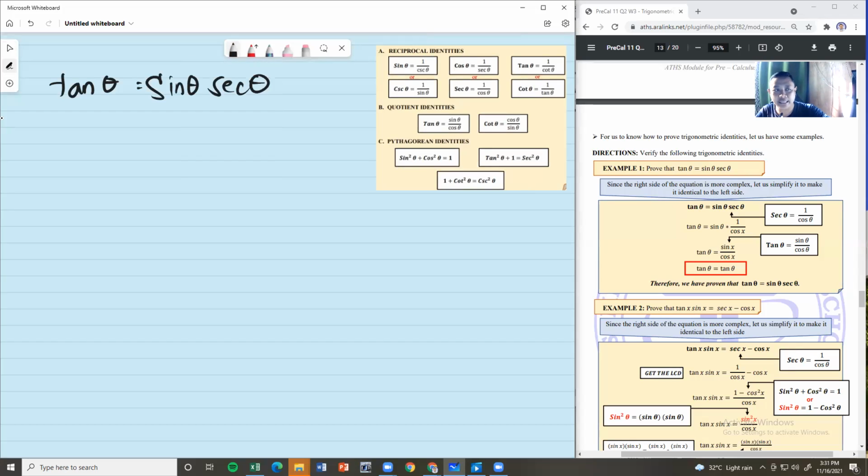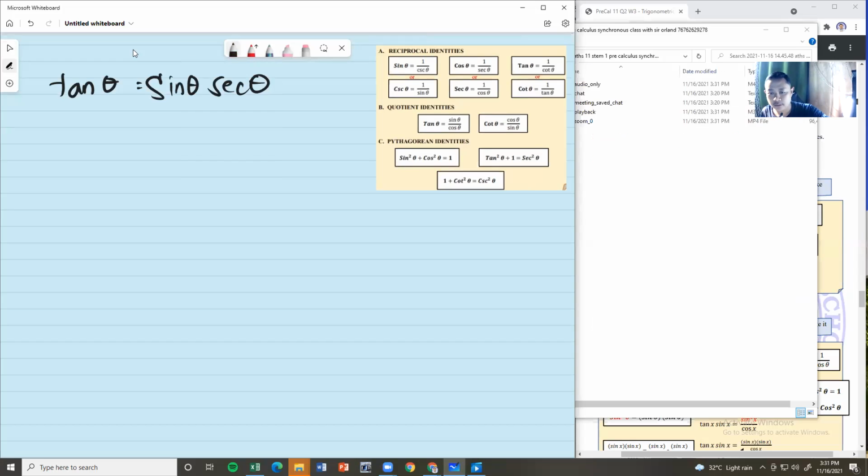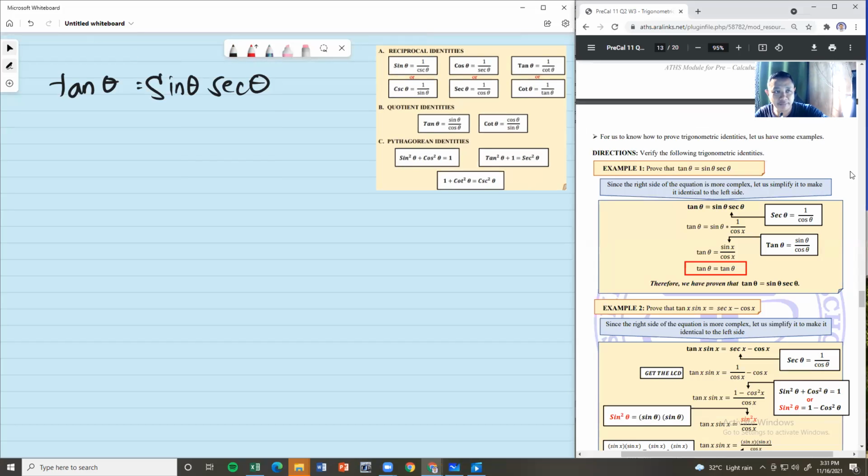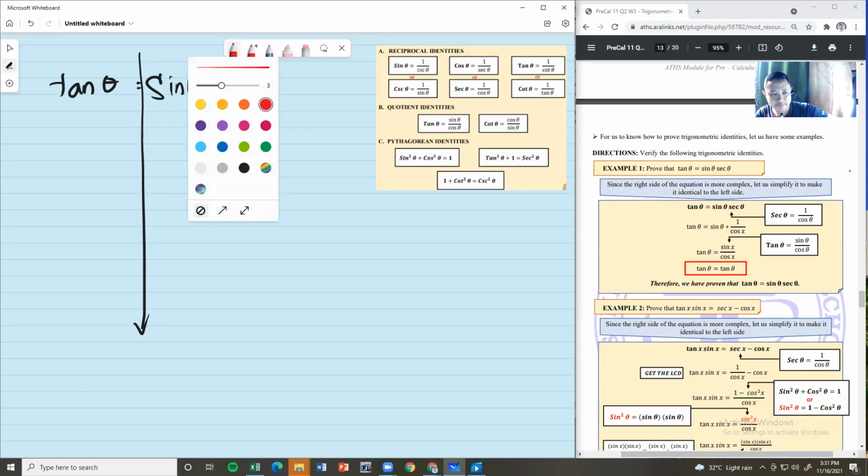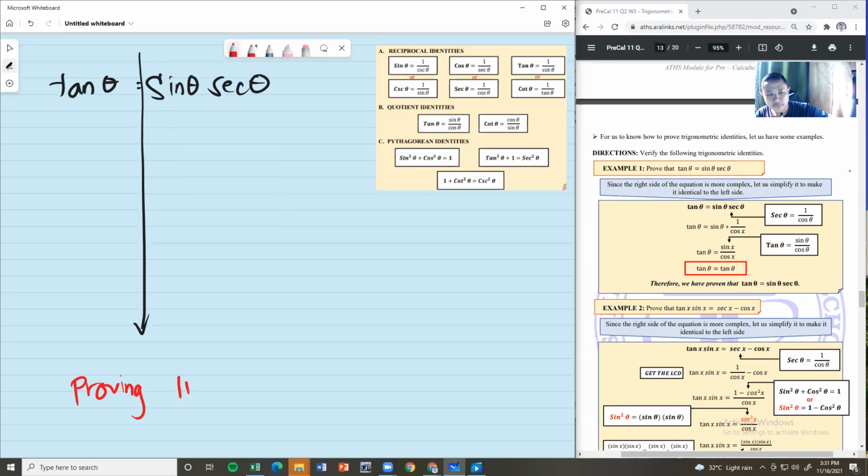Ayan, ang goal lang natin, make sure we work on both sides of the equation and make them the same. That's the goal of proving identities. Walang pakialamanan ang right side sa left side, basta you should be able to make them the same.